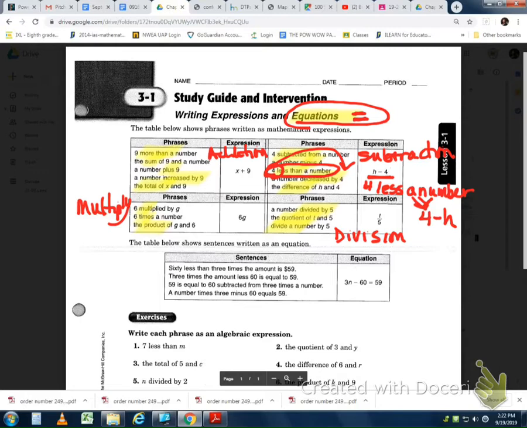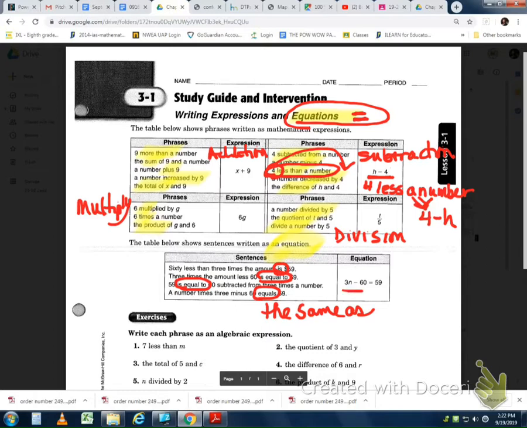This table shows equations, okay? Equations, that means what would represent the equal sign. So it looks like is equal to, they've used is equal to again, or just plain old equals. Sometimes it might say the same as, you might want to add that. All of those are going to make you write an equation.